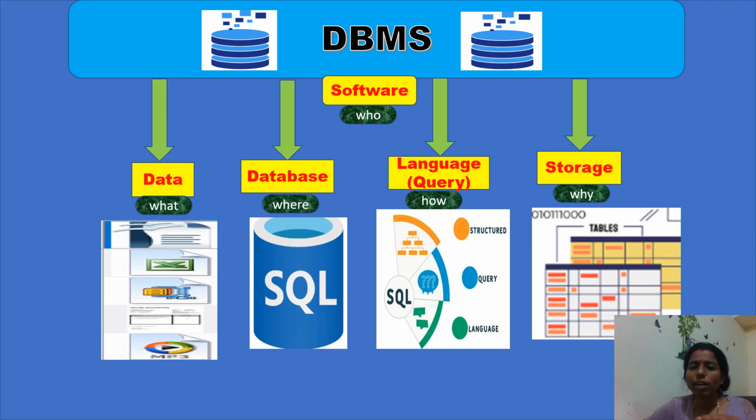Then it is showing why data is stored in the database: for the storage purpose. Our main purpose is the system, here meaning our computer system, how that software system is working. It's simple: we give the input and get the output.